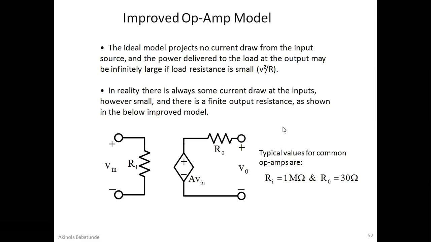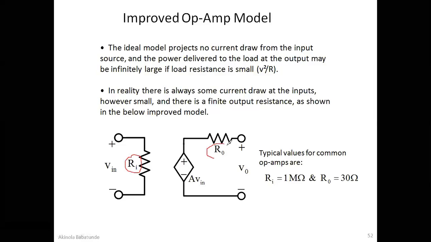In reality, there is always some current draw at the input. So one way or the other, current, no matter how small it is, will be drawn from the input into the op amp. And there is a finite output resistance, as you can see in the model described here. You will see here that there are two resistors: we have Ri and then we have Ro.